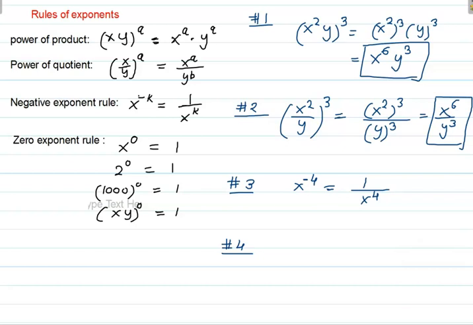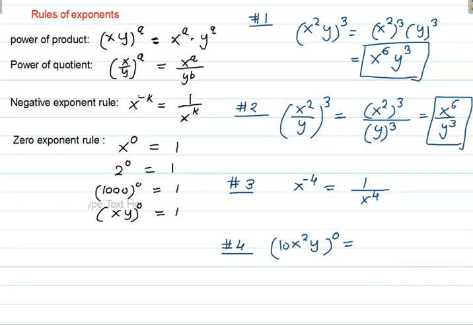Next one is the zero exponent rule. Okay, say we have a very large expression inside parentheses, say (10x squared y) raised to 0.